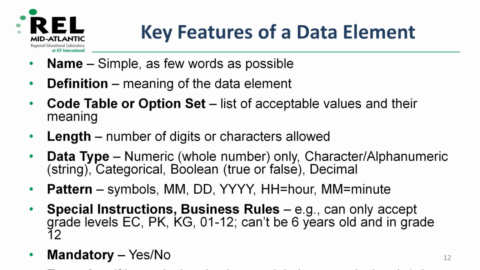You don't want to have a 6-year-old 12th grader in your data set. You want to take the effect of typos out as much as you can. And then the formula. If it is a calculated value like attendance rate or whatever rate, be explicit in your data standards how to calculate that rate so that you all calculate it the same way, and what to do with the exceptions.